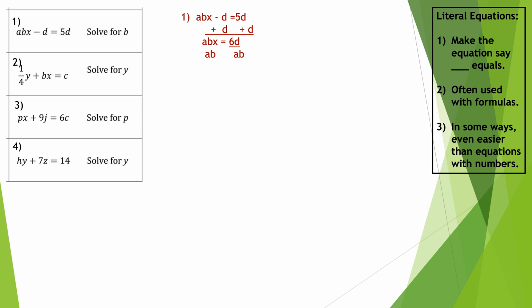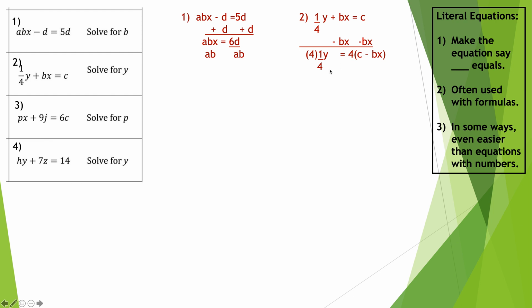Let's try number 2 with some stop and start. Okay, so with number 2, we're going to solve for y, which means we want it to say y equals. The first step is to subtract the bx from both sides. I want to get y all by itself. So when I subtract the bx from both sides, I get c minus bx.